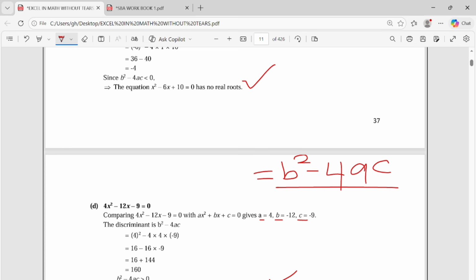So now let us get some other questions here. We are done with that. Let's get another question. Let us look at maximum and minimum values of quadratic equations.